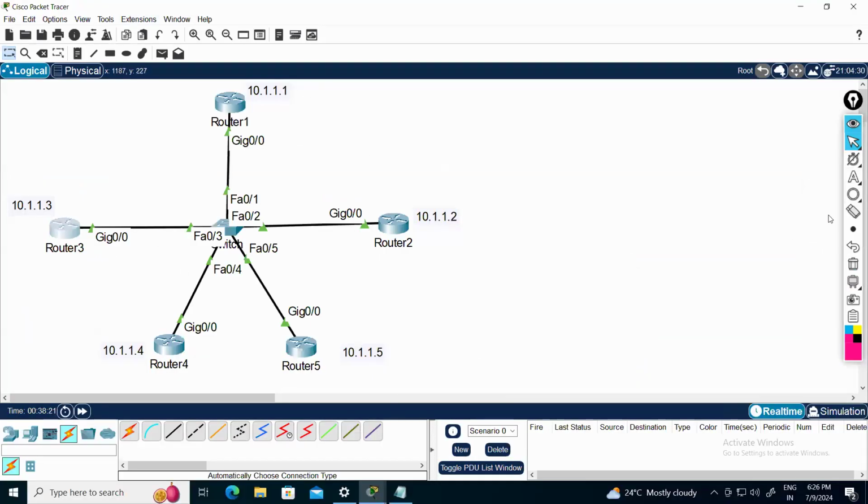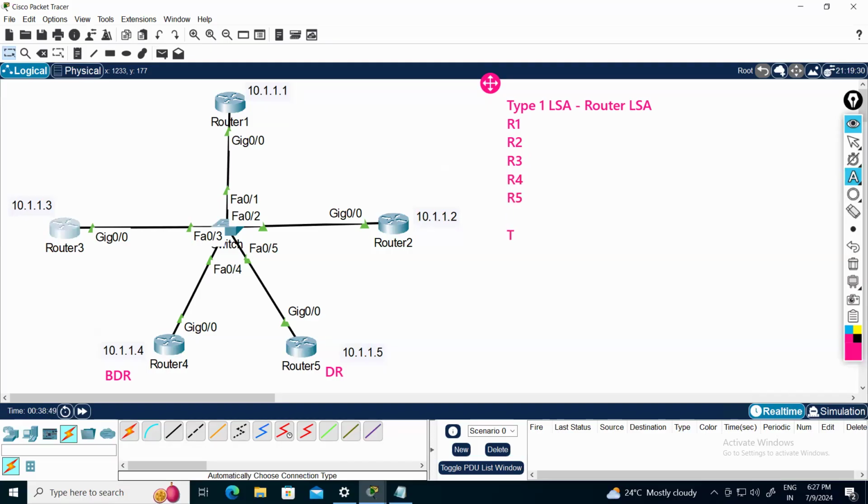We know which router is the DR. This is the DR, and the other one is the BDR, and the remaining are DR others. When I check the OSPF database in type 1, the router LSA, I will have information about R1, R2, R3, R4, and R5, because everybody is generating.